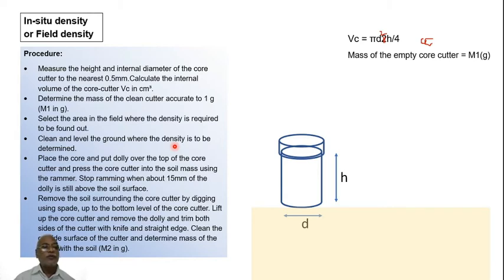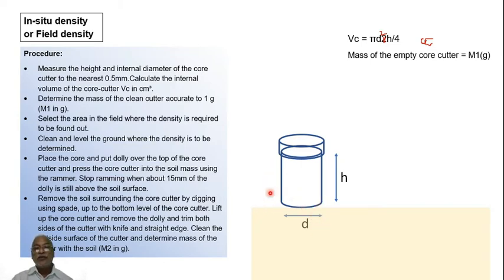The dolly is put over the top of the core cutter, and press or ram the core cutter into the soil using the rammer. Now stop ramming when about 15 mm of the dolly is still above the soil. It means when you go on ramming, this gets inserted into the ground.